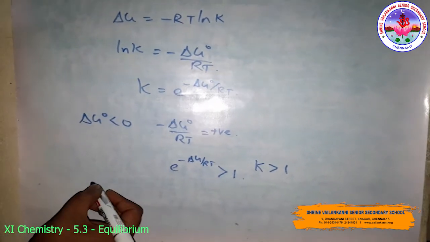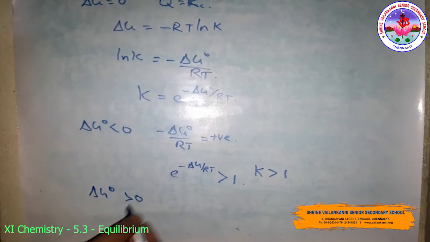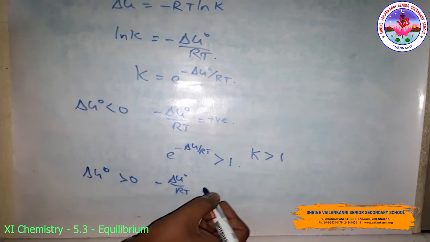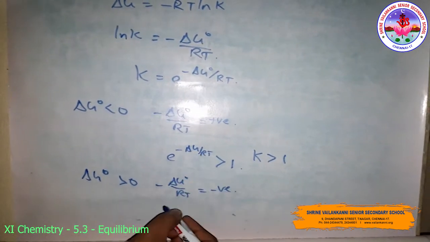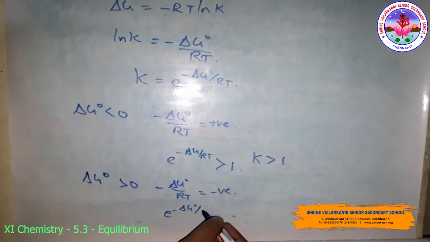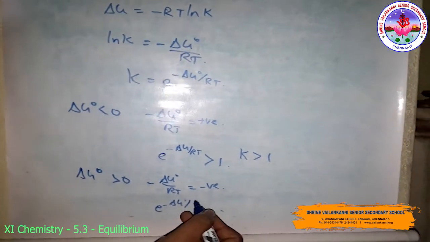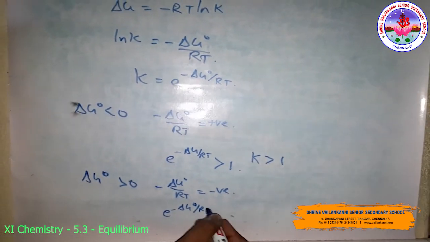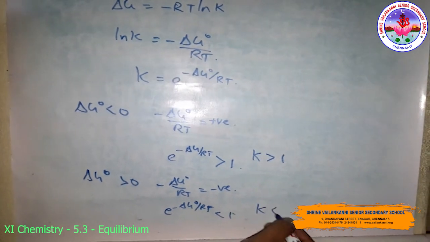If delta G naught is greater than 0, what happens here? The minus delta G naught divided by RT is negative, so e to the power minus delta G naught by RT is less than 1, and K is less than 1.